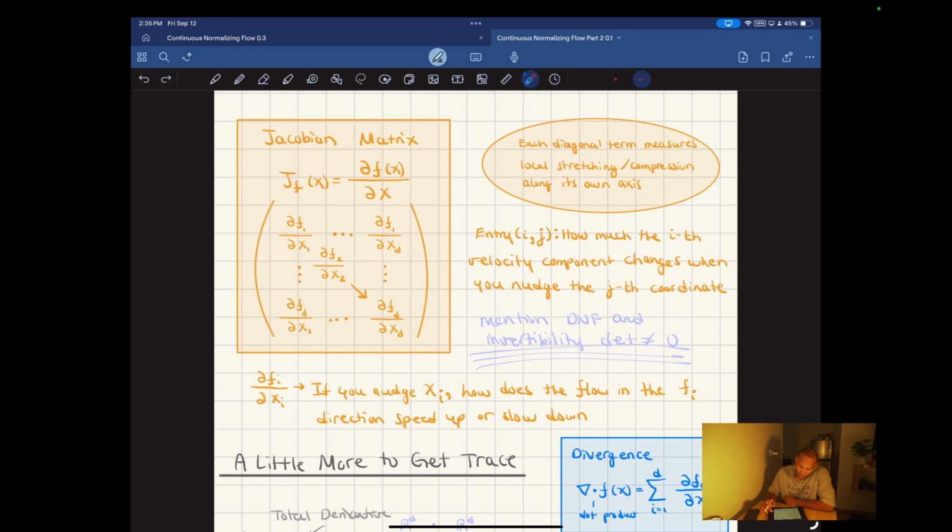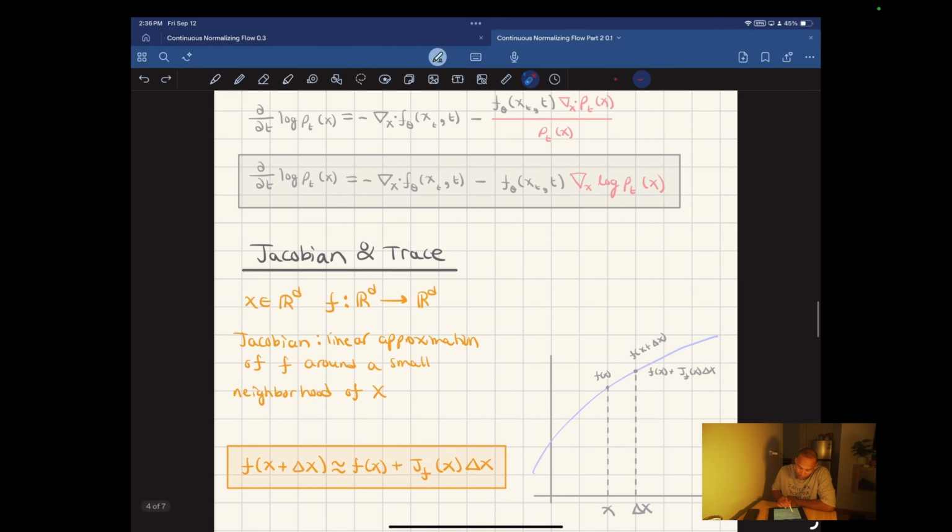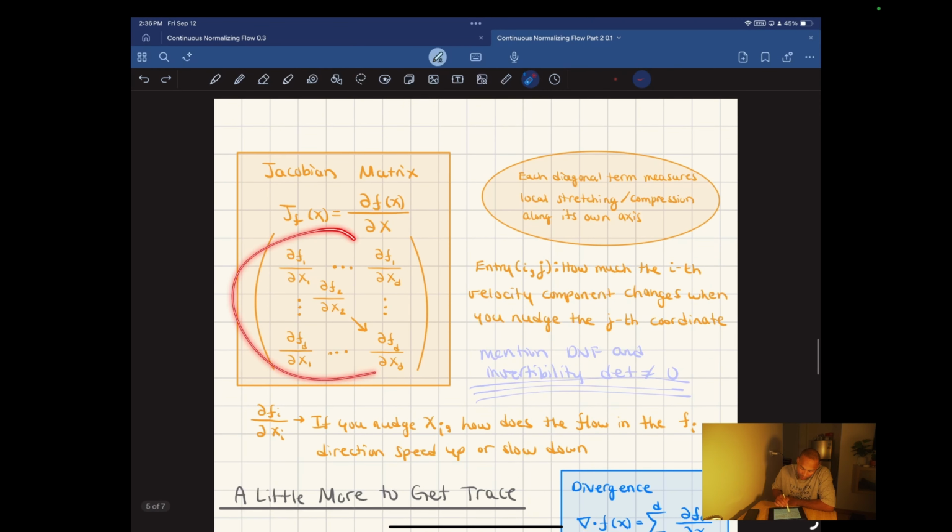So the Jacobian is a matrix where each element is a partial derivative, as you can see described here, right? We write the Jacobian as a partial of f with respect to x, where f of x and x are both vectors, right? So we call it a matrix where the entry ij is how much the ith velocity component changes when you nudge the jth coordinate, right?